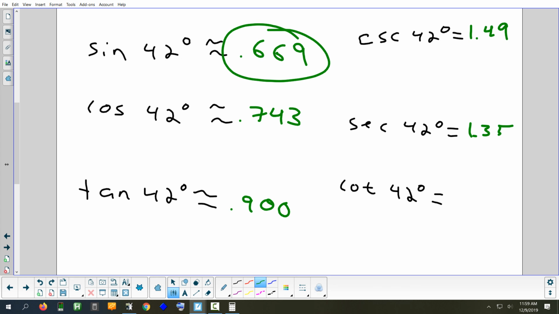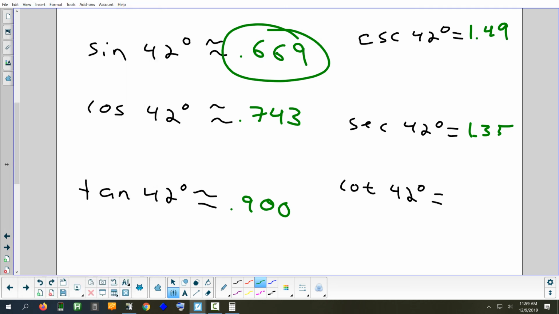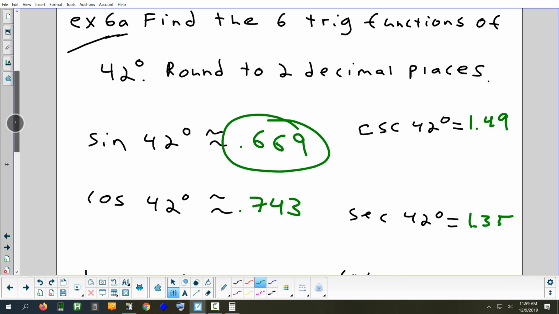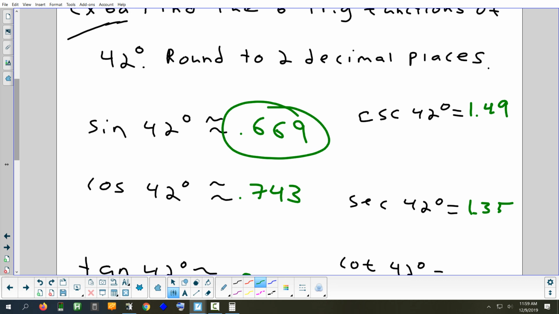And Emily, how about the cotangent, sorry. So remember, we don't have an x and a y because we weren't able to get this coordinate because it's a weird angle.